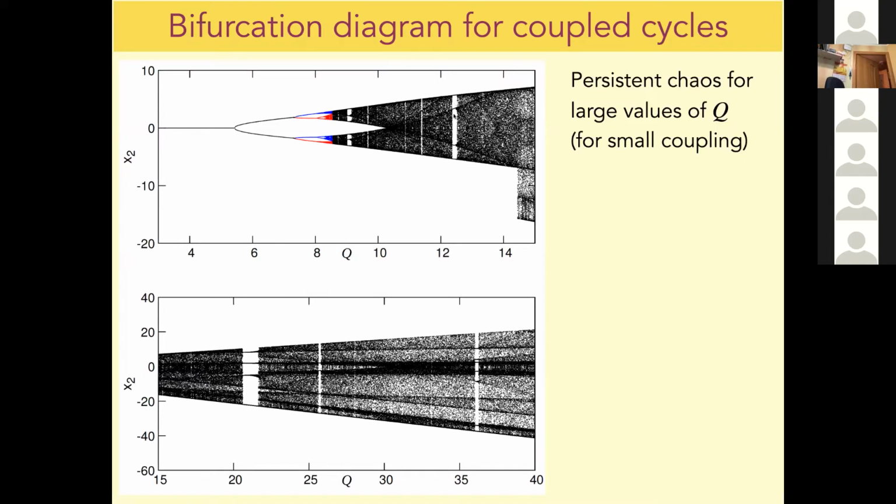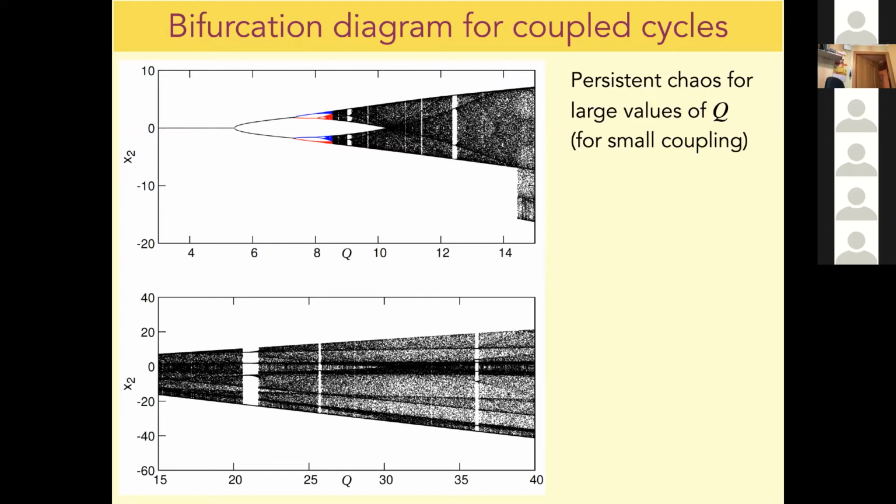The main message of this picture is that you typically observe chaos, except maybe for some periodic windows, which are quite narrow here, really for extremely small coupling. So coupling is small, and here chaos is persistent.